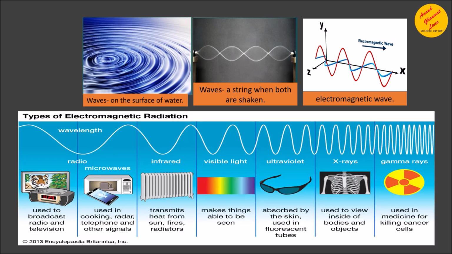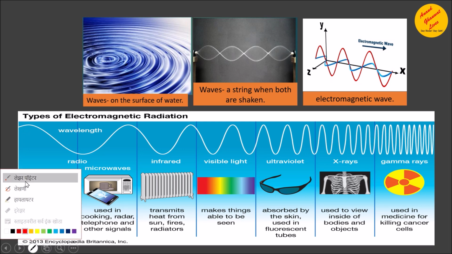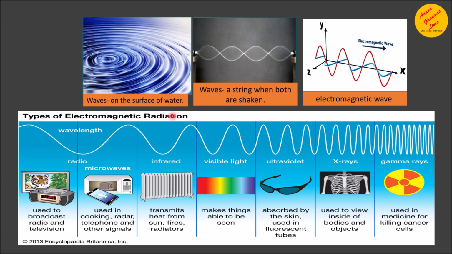Now various types of electromagnetic waves are there, depending upon wavelength, from minimum to maximum. Here wavelength is minimum and here wavelength is maximum. So depending upon the wavelengths, the electromagnetic radiations are divided into various types of waves.